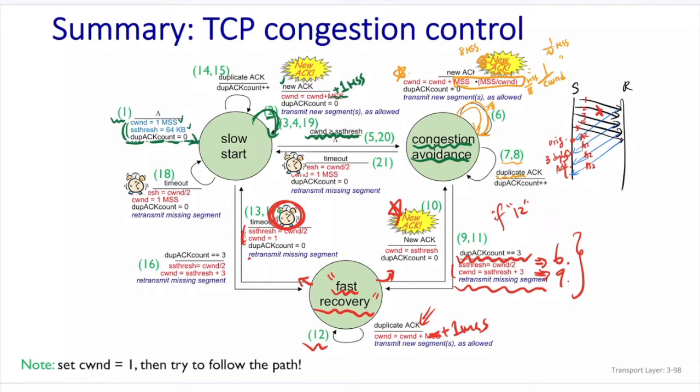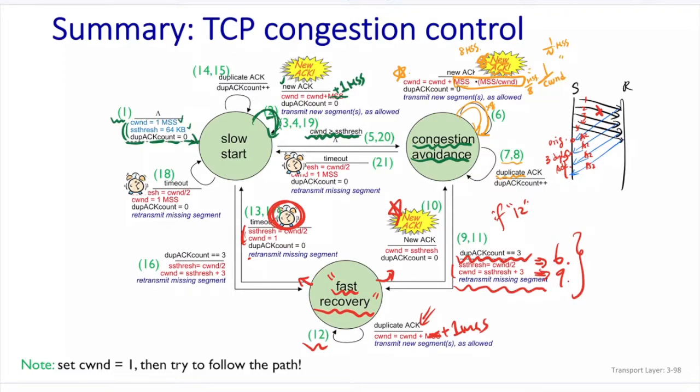Comparing step 9 and step 13, step 9 indicates that we encounter a certain congestion problem, but not severe. If we can recover, then we go back to step number 10 and go back to congestion avoidance.